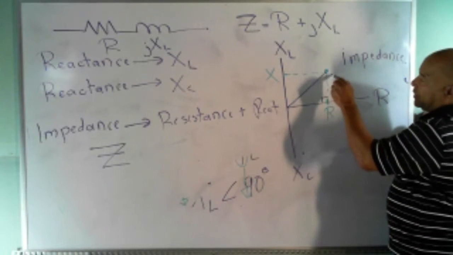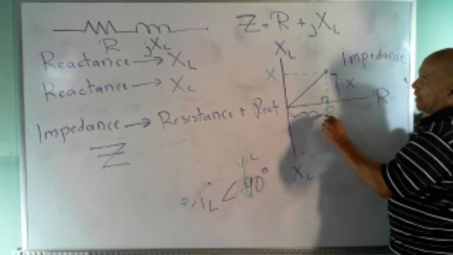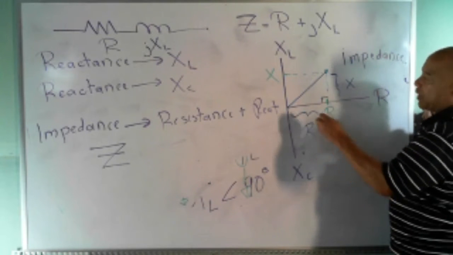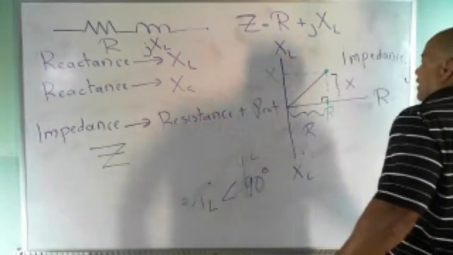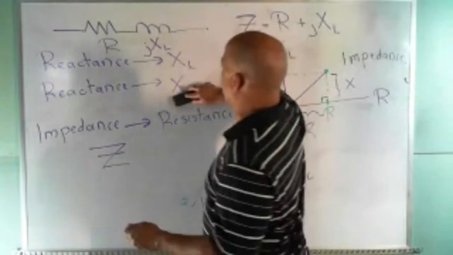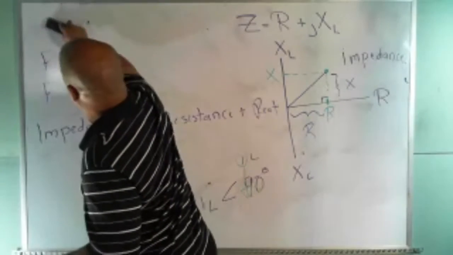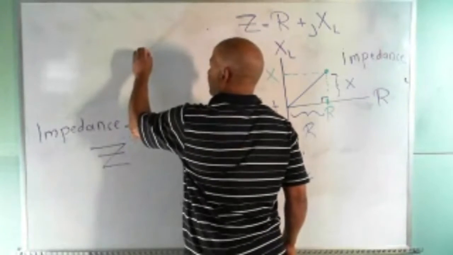If I do that, then this side of the right triangle becomes reactance, and this side becomes resistance. So all I'm doing is taking that triangle off this diagram. I got an impedance diagram, and the triangle I get, they refer to as an impedance triangle. That's usually what people work with, the impedance triangle. And so it looks like this.